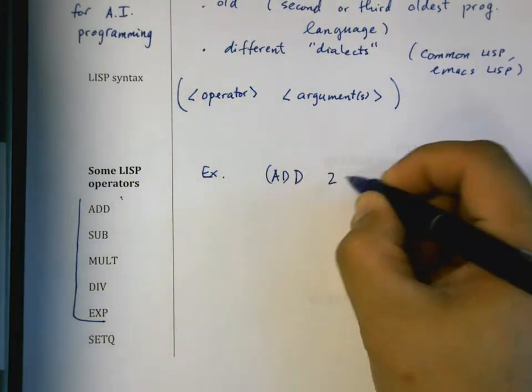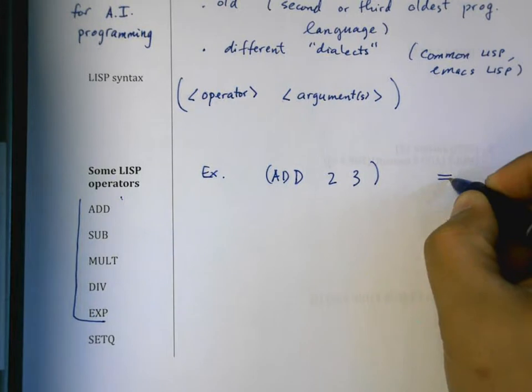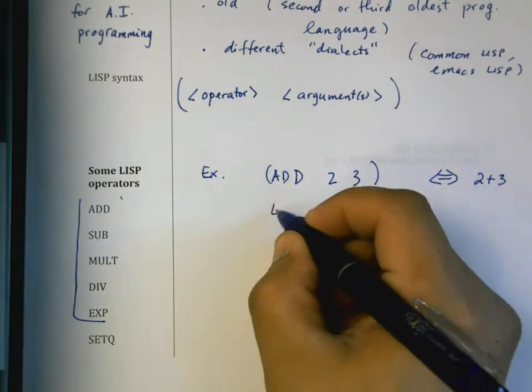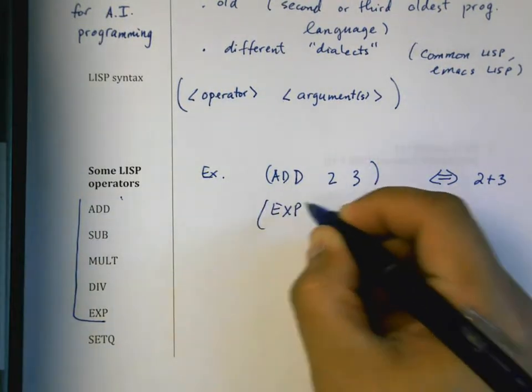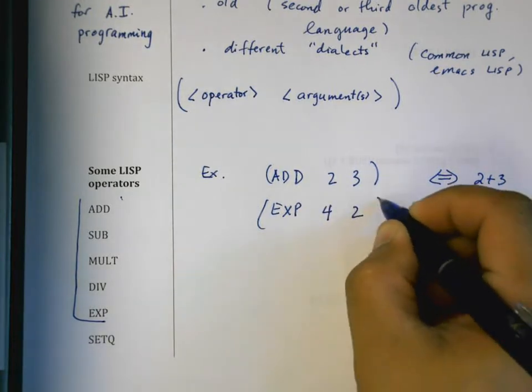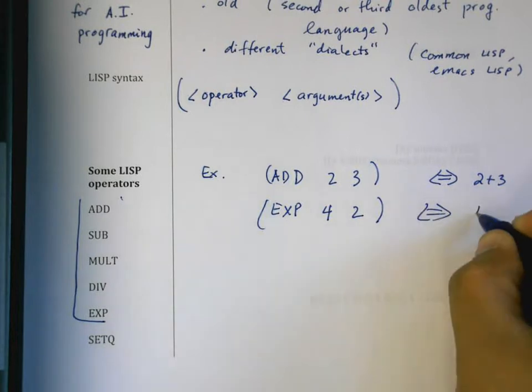And something like exp 4 2 is the equivalent of 4 squared, 4 to the second power. This is the base, and this is the exponent.